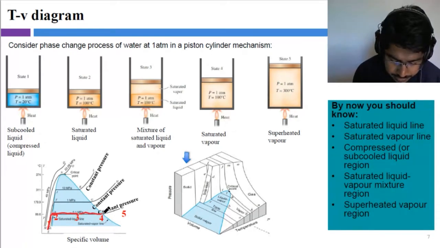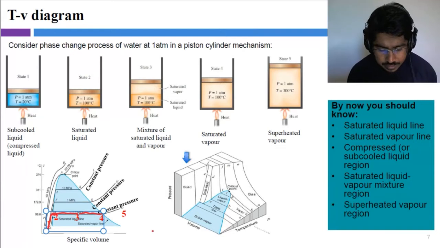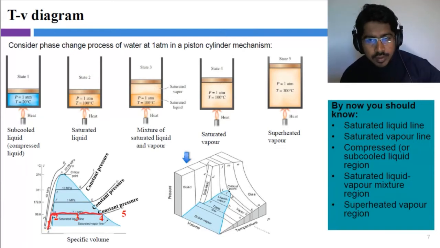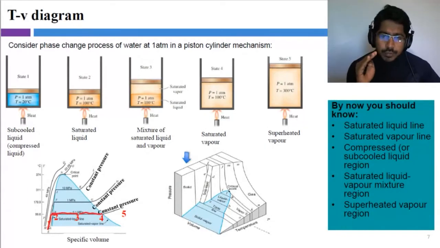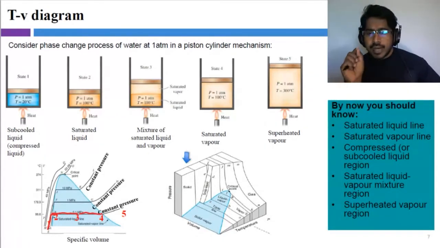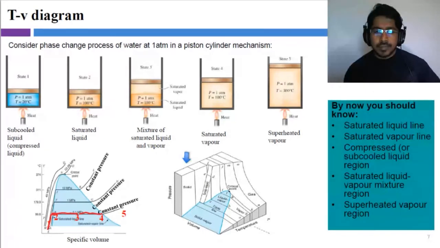Now we enter the saturated vapor line, state 4, right? What is the saturated vapor line? It's like the saturated liquid line. It's right at the boundary where we had a bit of liquid and now no liquid. Right on the boundary there. And now we keep on heating. The phase cannot change further because vapor is the best it can get.